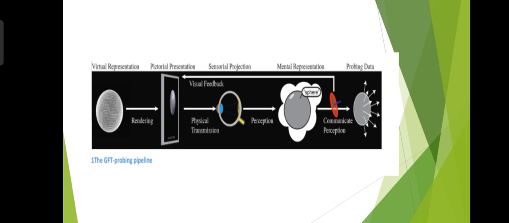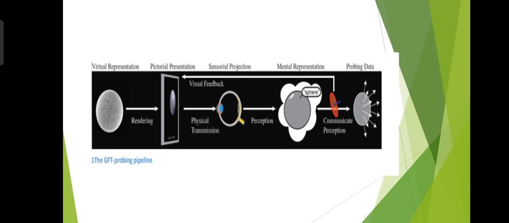Virtual representation is nothing but a general representation. To move to pictorial representation, it performs rendering. By performing rendering, the virtual representation is moved to pictorial representation, and then the pictorial representation to sensorial projection is done by performing physical transmission.